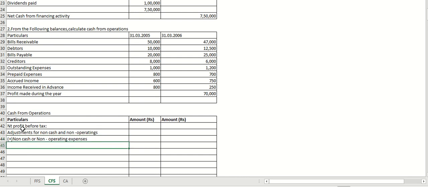Then you will minus the non-cash or non-operating incomes.